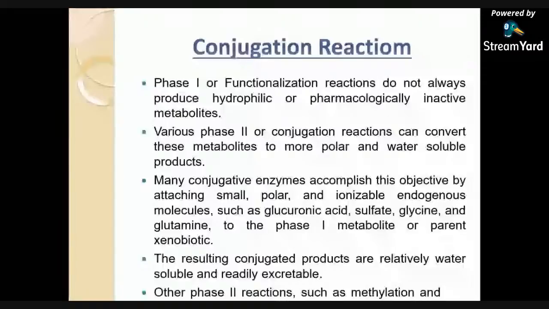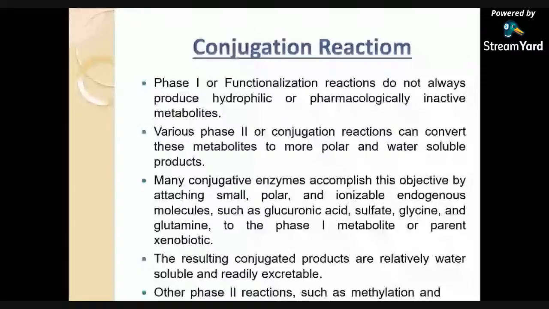Various phase 2 or conjugation reactions can convert these metabolites to more polar and water-soluble products. So a phase 2 reaction generally converts phase 1 moieties into functional moieties, or we can say a prodrug, meaning an inactive drug, into the active drug, from inactive form to active form.